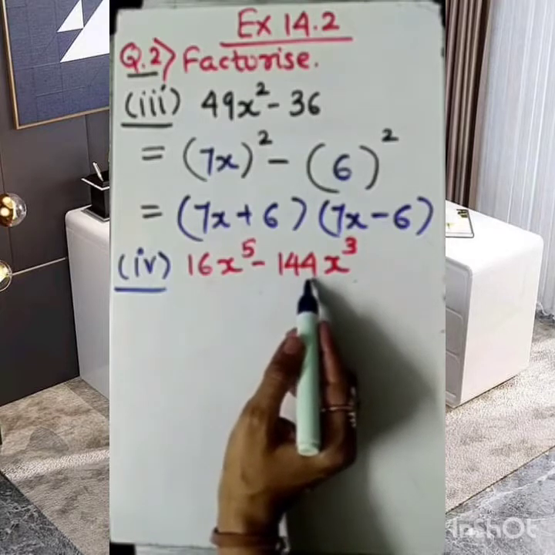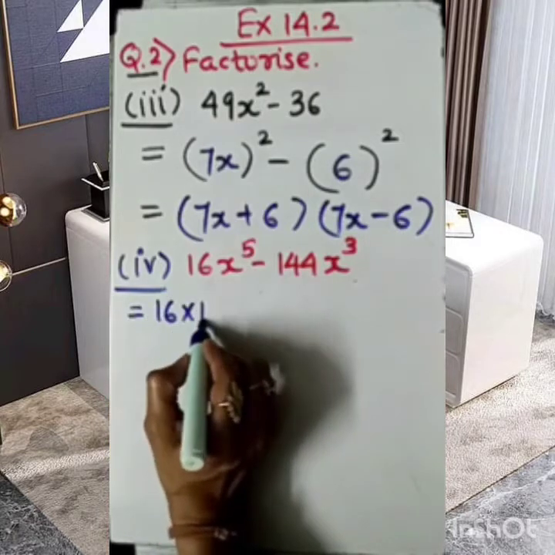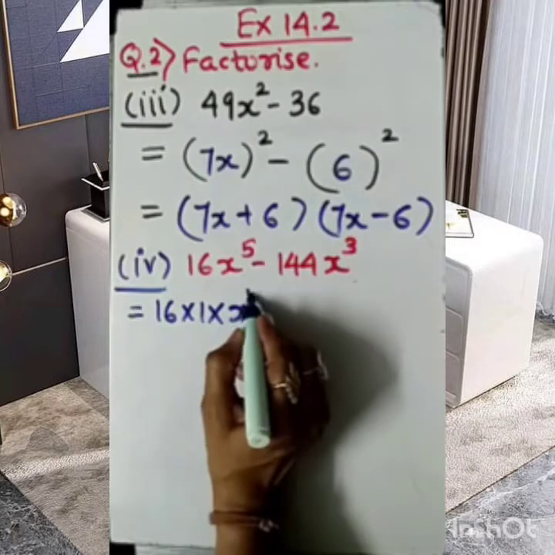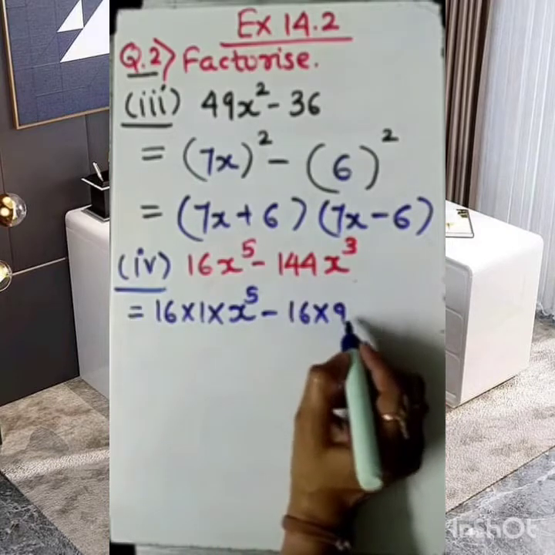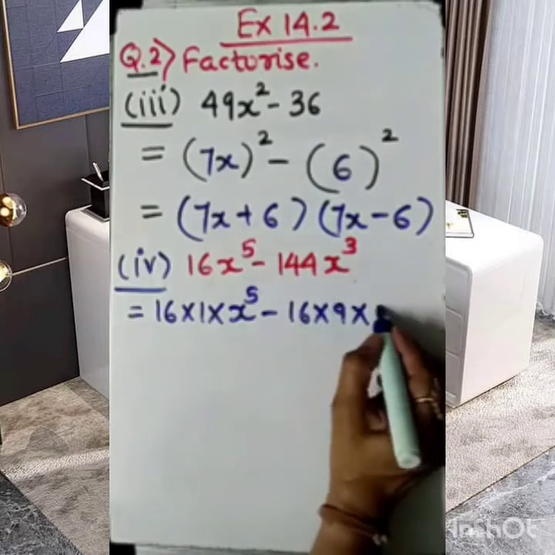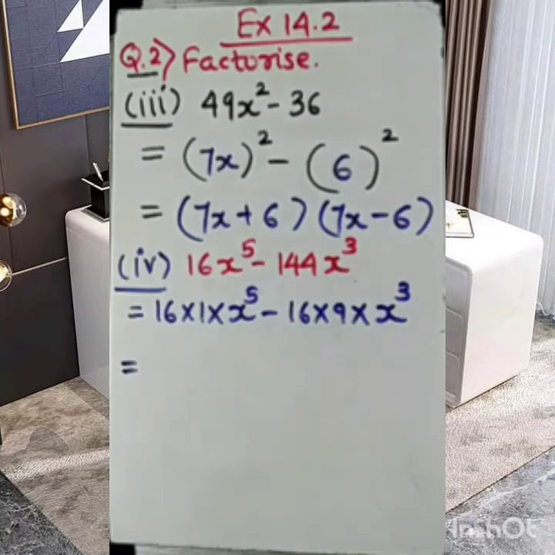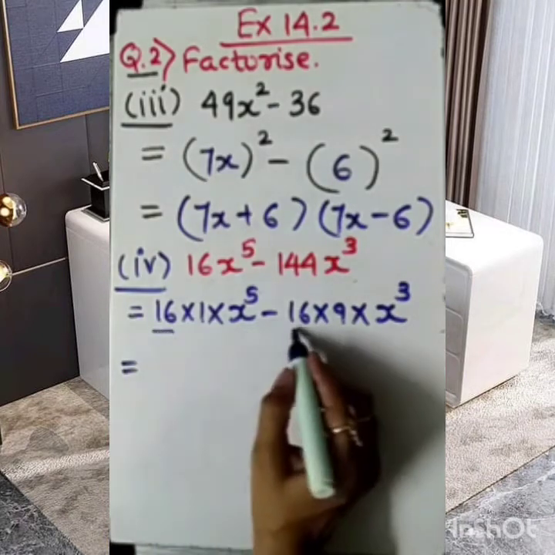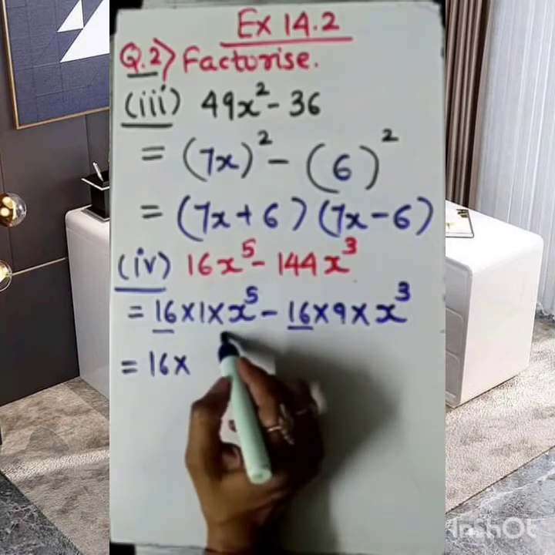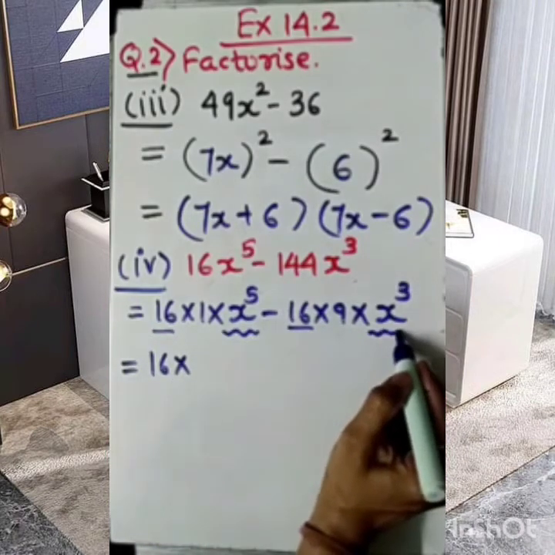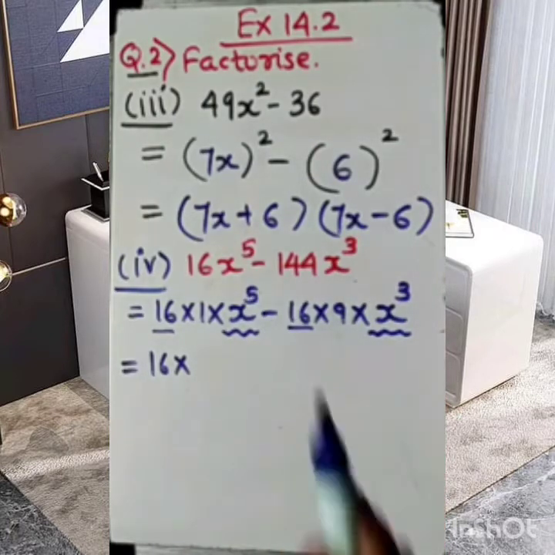Yes, there is something common, because the factors of 144 are 16 into 9, and x cube is there. So now you can see we can take out 16 common in both of these terms. And besides this, what is the lowest power of x that we need to take out? Here you know, dear student, x to the power 5 means 5 times x.